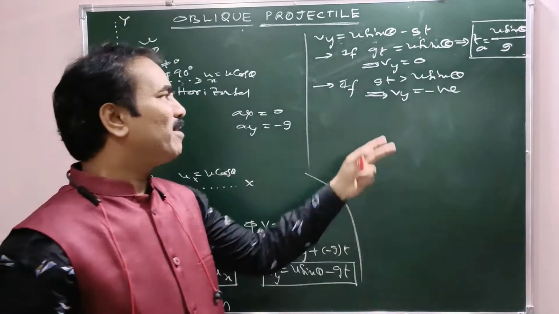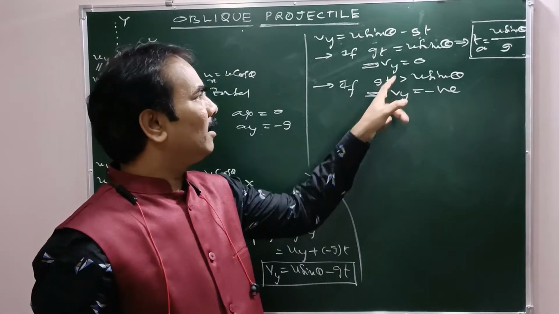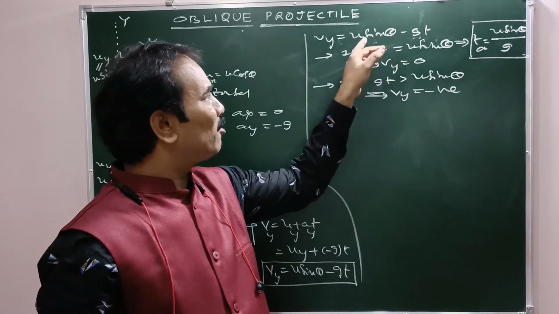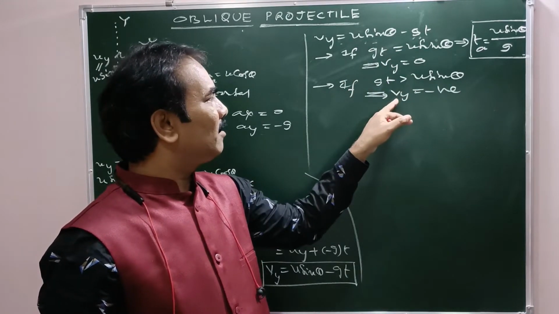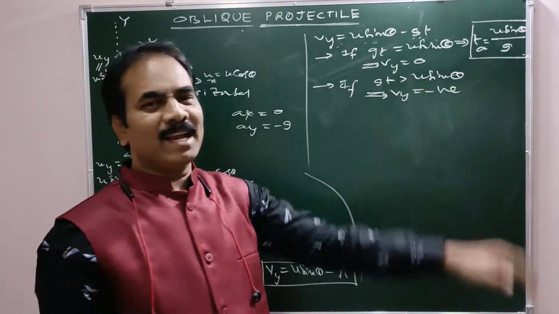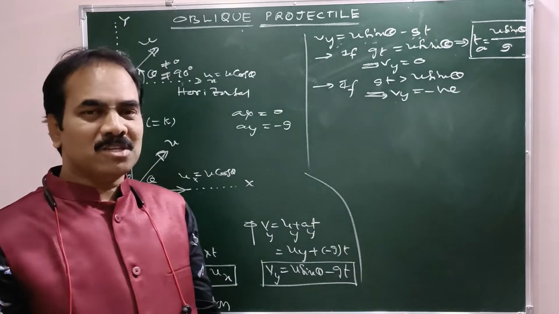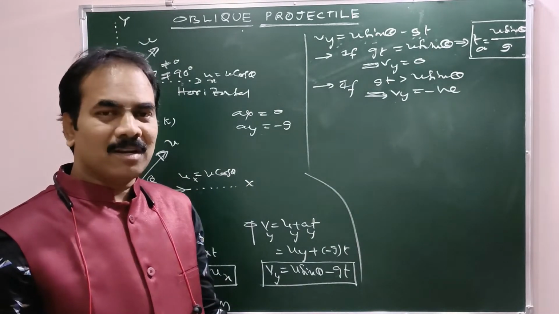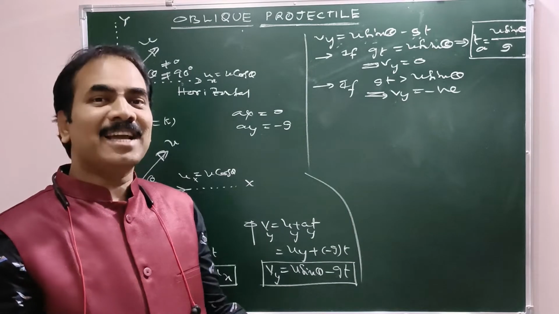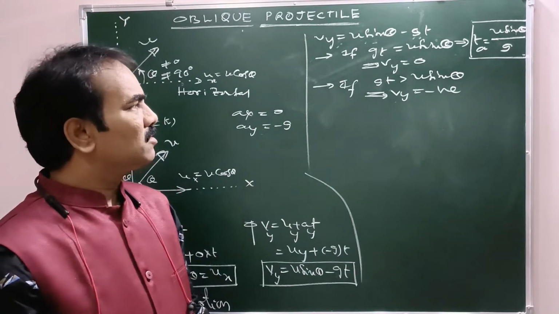So later on, what happens? As time further increases, gt gets more than u sin theta, then vy becomes negative, meaning the direction of motion gets reversed after reaching the highest point. Am I right?